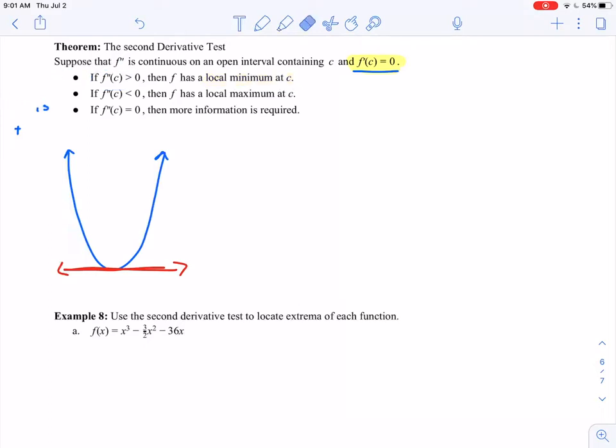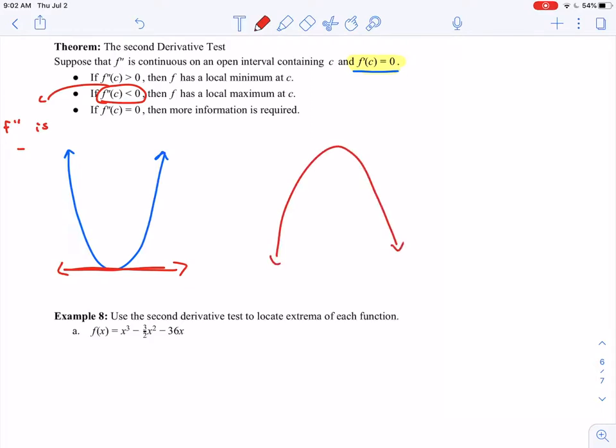Similarly, we can look at the second case if f double prime of c is less than 0. So here, let's talk about this statement right here. If f double prime of c is less than 0, another way we can say that is f double prime is negative this time. That means my function must be concave downward. So perhaps my function looks something like this.